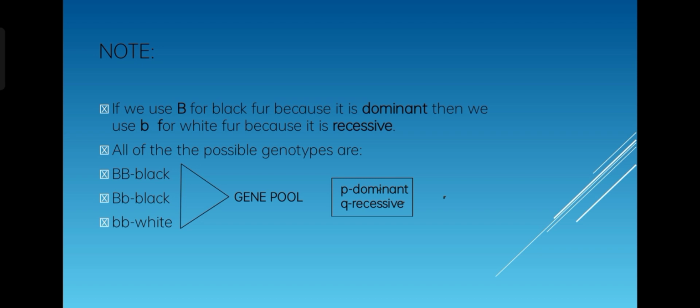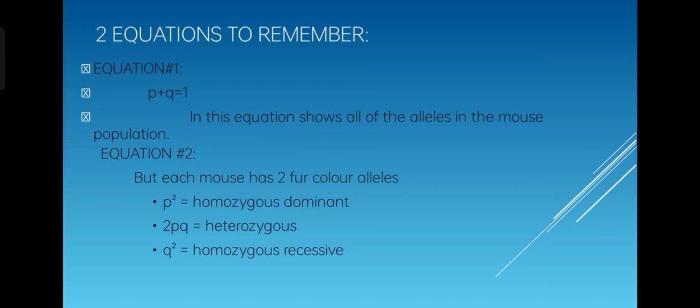All of the possible genotypes are homozygous dominant, heterozygous, and homozygous recessive. Let's suppose p is the dominant allele and q is the recessive allele. Two equations to remember. Equation 1. p plus q equals 1.